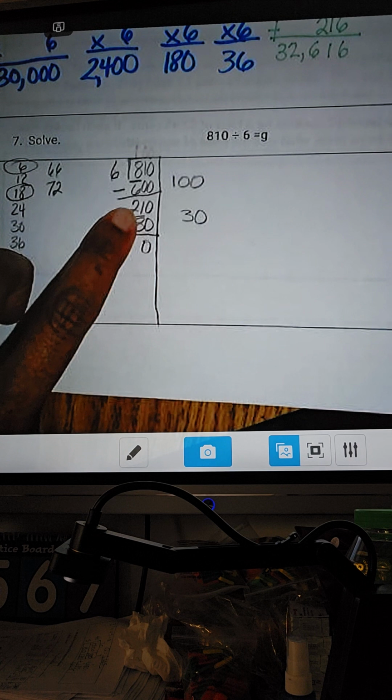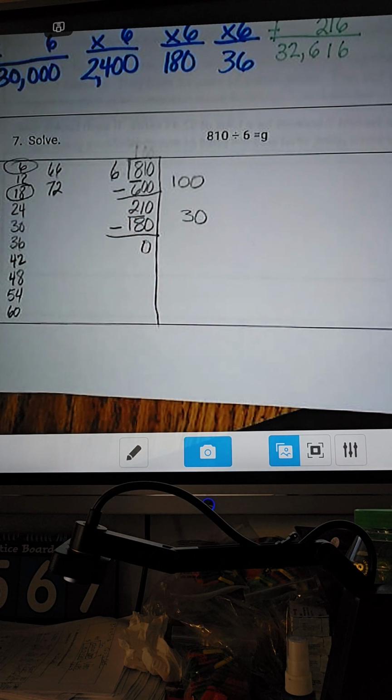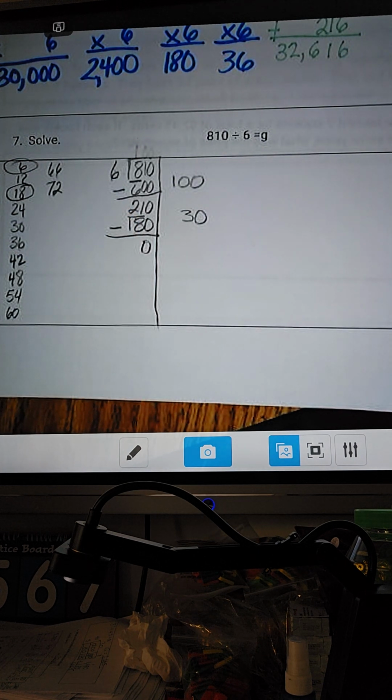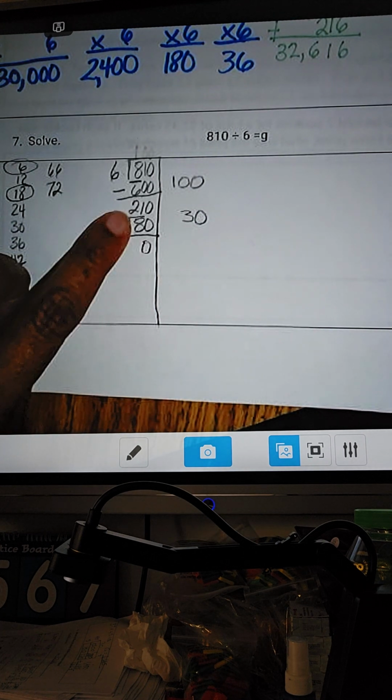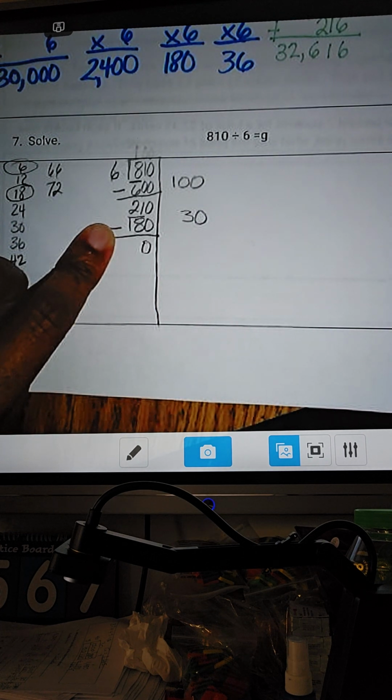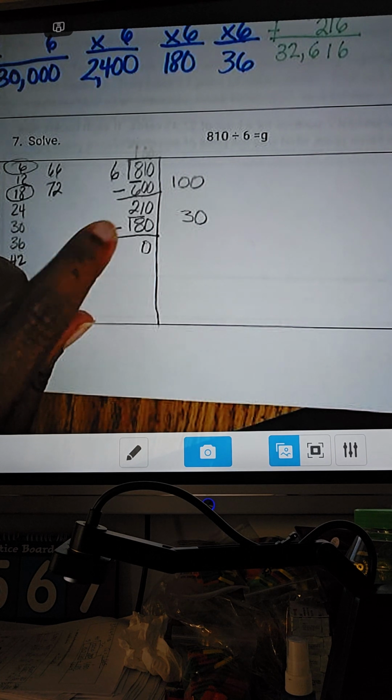If I've got 110, I can't take 8 tens away, ladies. And neither can I flip them and say, oh, I don't like 210, so I'm going to say 280, so my 8 is on the top. That's a completely different problem. You cannot do that. This is how you keep getting it wrong, because you are still not effectively subtracting.